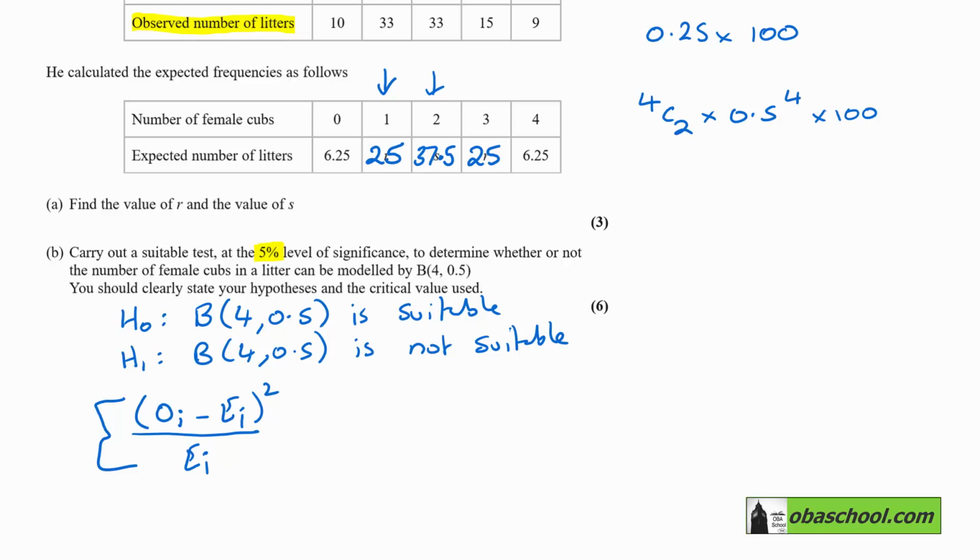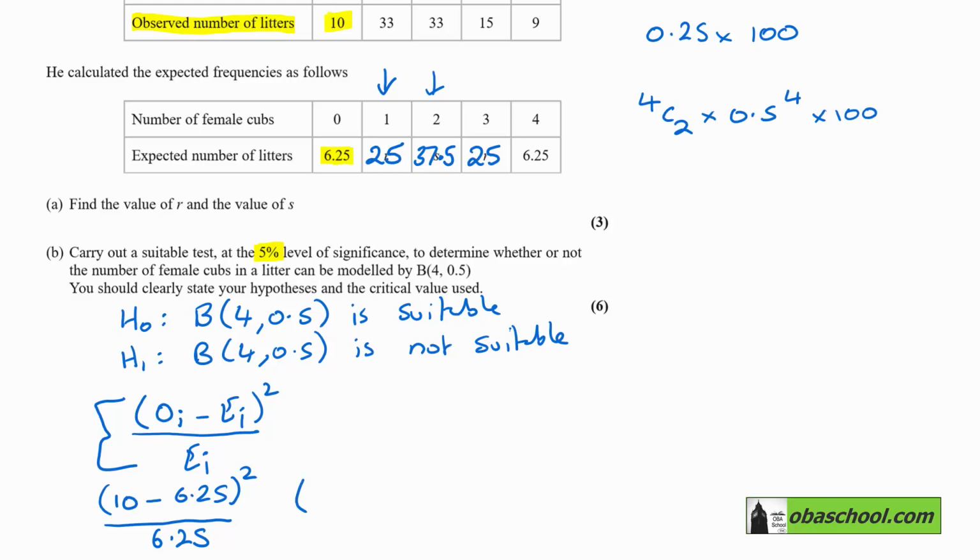So we look at our first value. The first observed is 10. The first expected is 6.25. So we are going to have 10 take away 6.25 squared divided by 6.25.